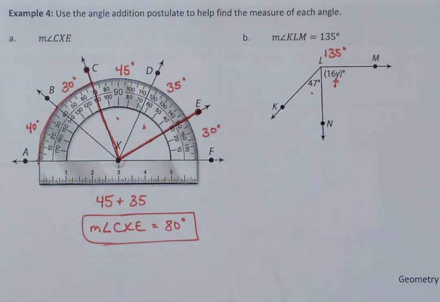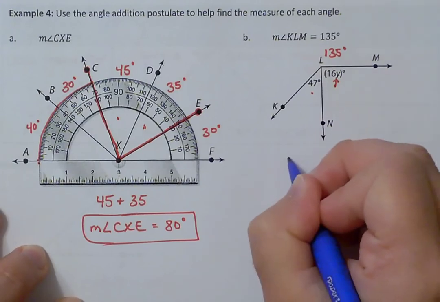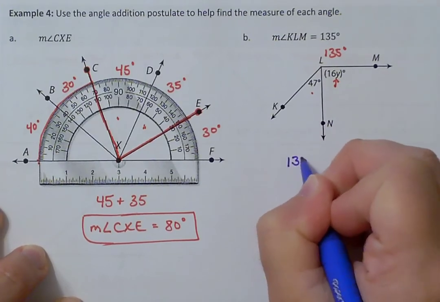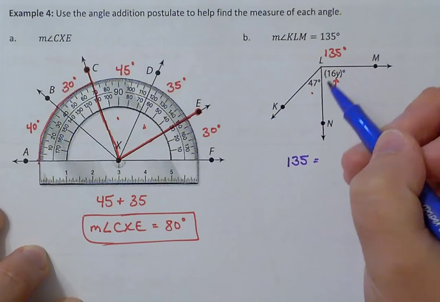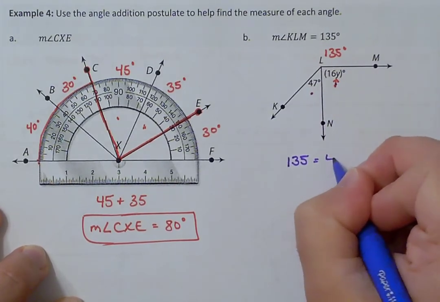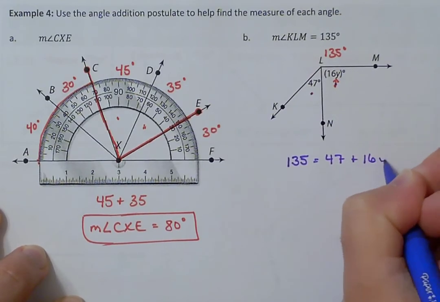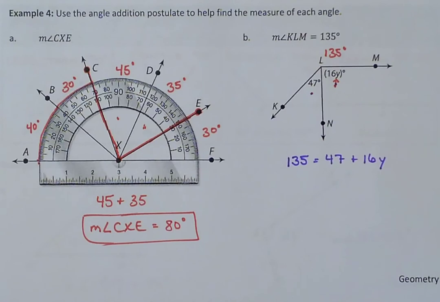Now, remember, the whole larger angle of KLM, which is 135, is equal to this part plus this part. So it's going to be equal to 47 plus 16y.